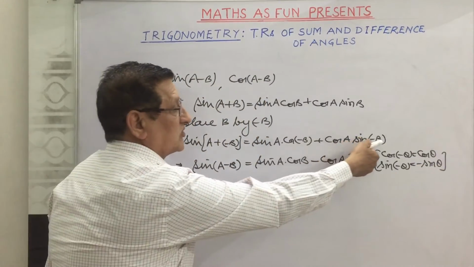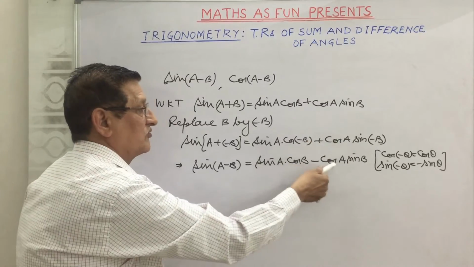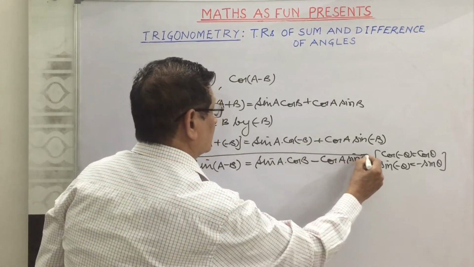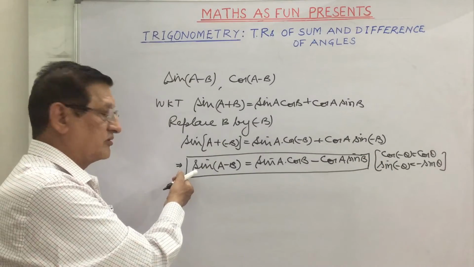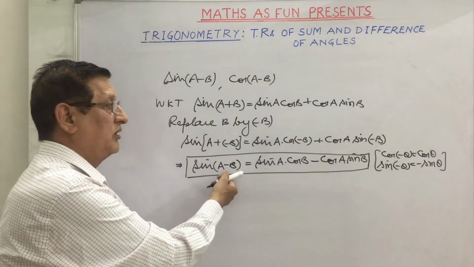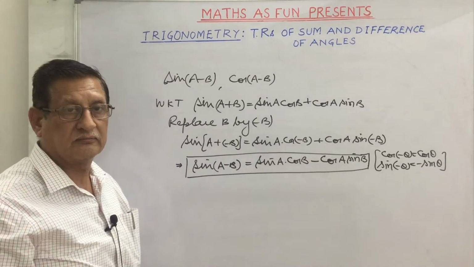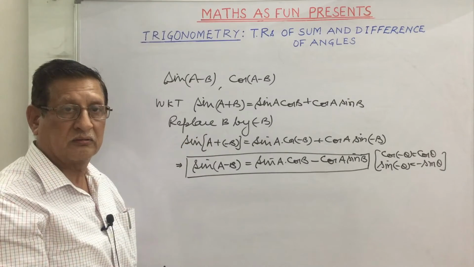So here sine minus B will become minus sine B, and then minus into plus will become minus. So this becomes the formula for sine A minus B. The only difference here is that if it is A minus B, then the sign between the two terms is also negative. Let's see the formula for cos A minus B.